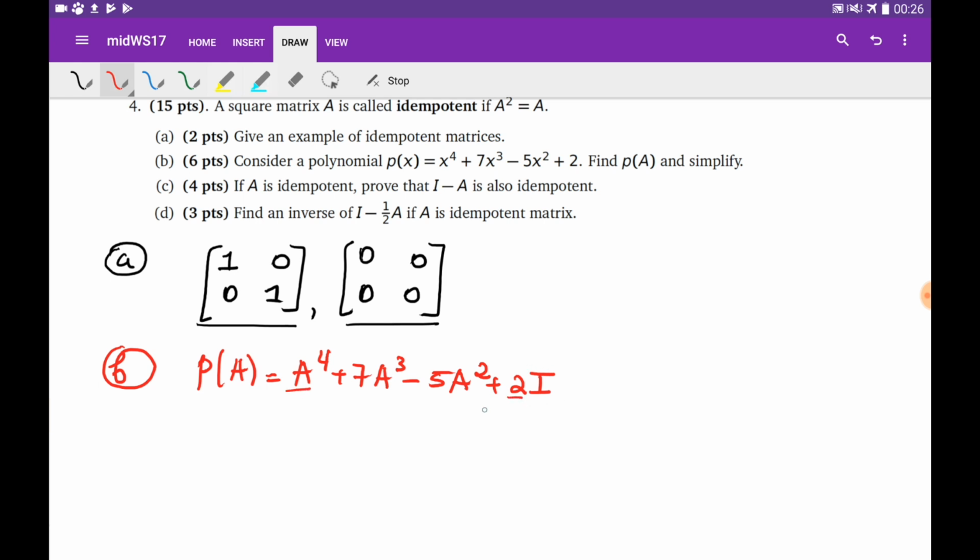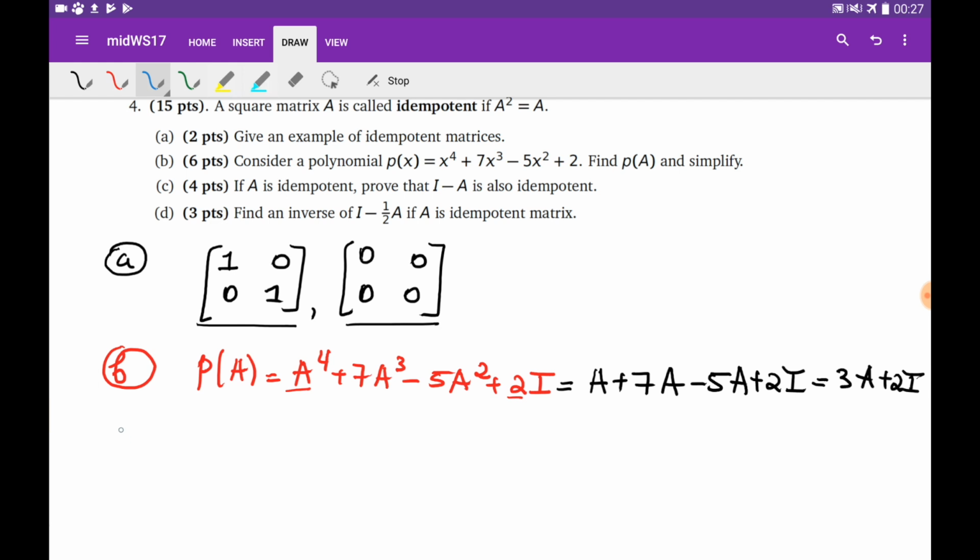So I have to multiply this by the identity, since I'm looking at the polynomial of matrices. A to the power of 4 is simply A, A to the power of 3 is simply A, and A to the power of 2 is again simply A, plus 2I. If I simplify everything, I obtain 3A plus 2I. This is going to be the polynomial of this matrix.